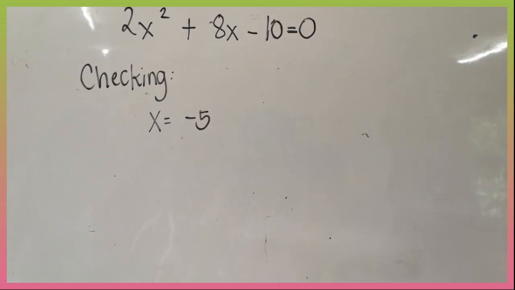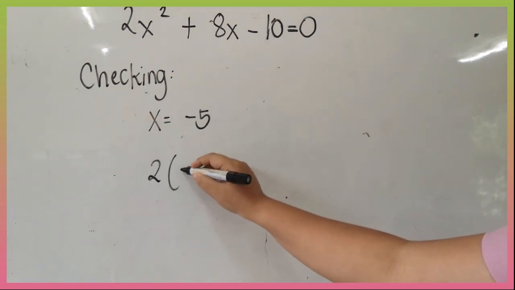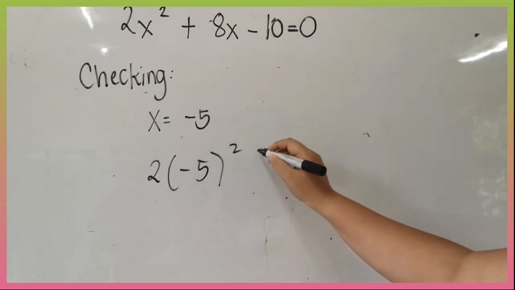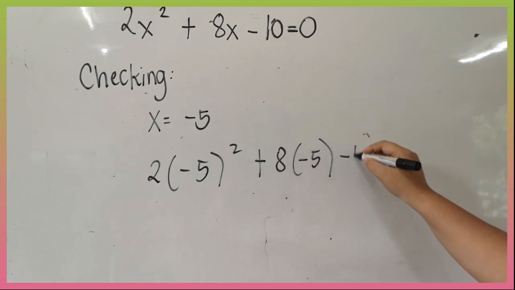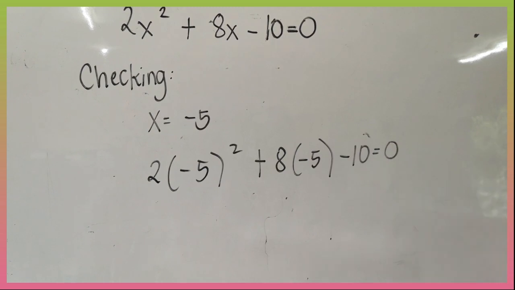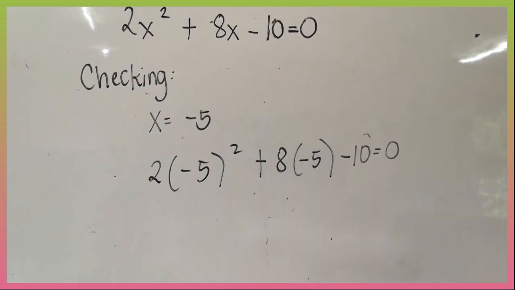For the next value of our x, we have negative 5. Just simply substitute. We have 2 times negative 5 squared plus 8 times negative 5 minus 10 is equal to 0. Let's simplify.